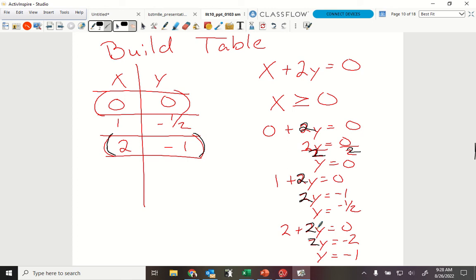So I just need to make sure that my number that I'm picking, because what if this was like a 7 or 8? Would you want to make a table that big? No. Think smarter. Look at the number you're dividing by and use that to help yourself find a good number, a number that's not going to be a fraction.